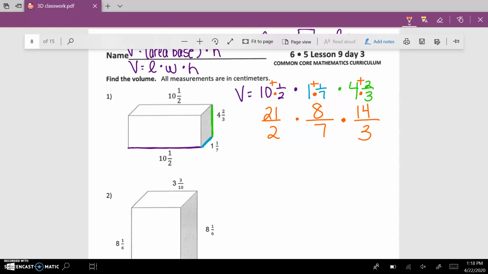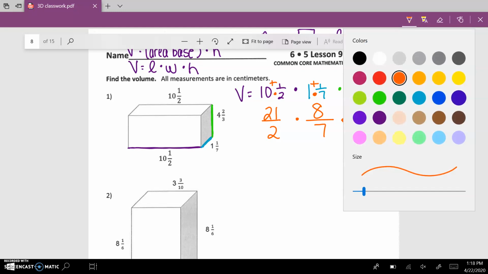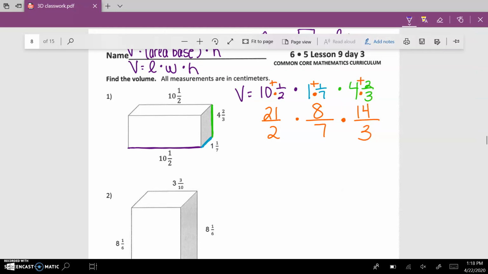Okay, now remember, we're multiplying these fractions, so we are looking for cross division. You can cross divide in a lot of different ways. I'll show you maybe how I would do this one. I'll try to color code them. So the 2 and the 8 here, I can divide each of these by 2. So now this becomes a 1, and 8 divided by 2 is 4.